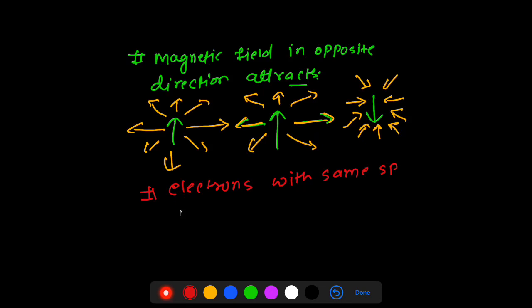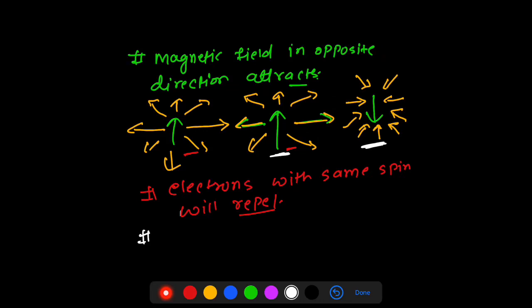So, can we say that electrons with the same spin will repel? Why will they repel? Because electrons with the same spin have the magnetic field in the same direction, and magnetic fields in the same direction will repel each other.